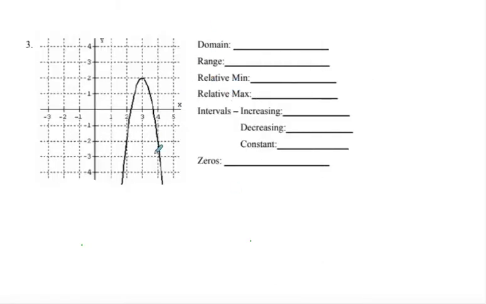So the domain looks like any x value. If I ask you x equals 1, well, we're not going to get 1 because the graph doesn't exist there. It would exist at x equals 2. There's an ordered pair. And we know that it would exist way down here. So that's the last x value. Let's guess that that's 1.5. So the domain starts at 1.5. That's the lowest x value we could have.